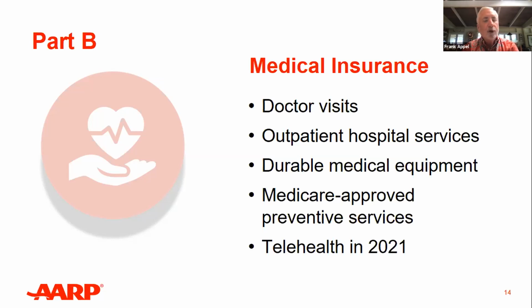And because of the Affordable Care Act, the Medicare-approved preventive services have no copays or coinsurance. They're 100% covered. And Medicare added, partly in response to the pandemic, telehealth services are covered in 2021 under Part B.